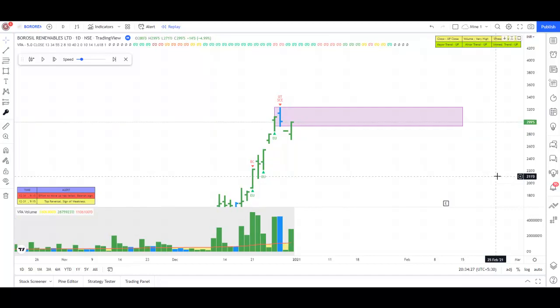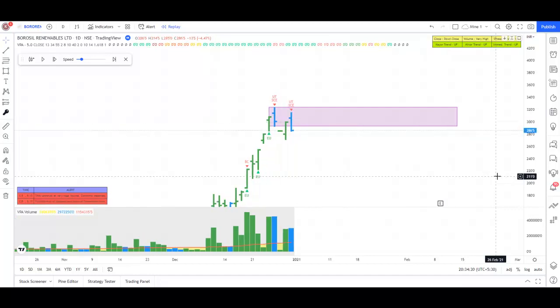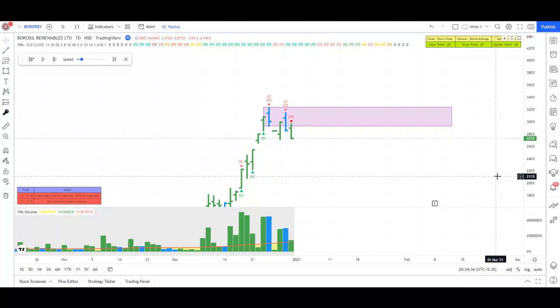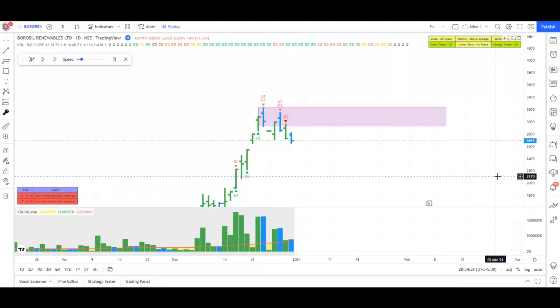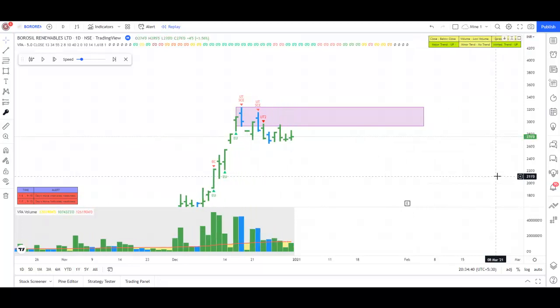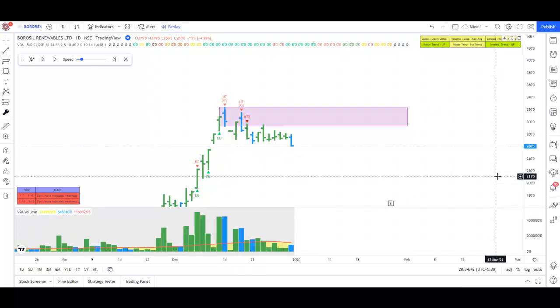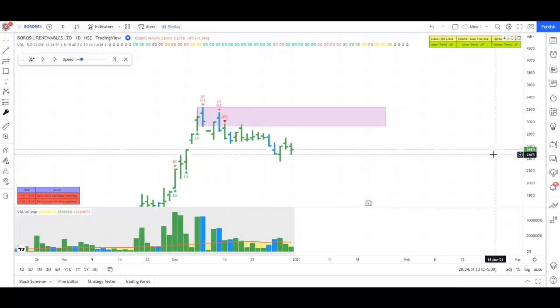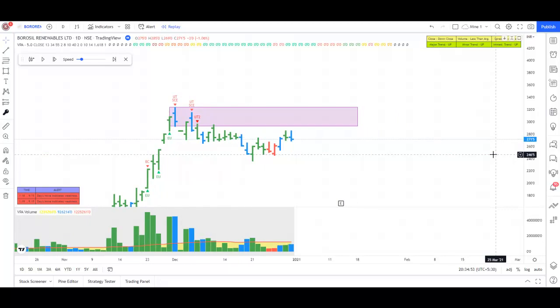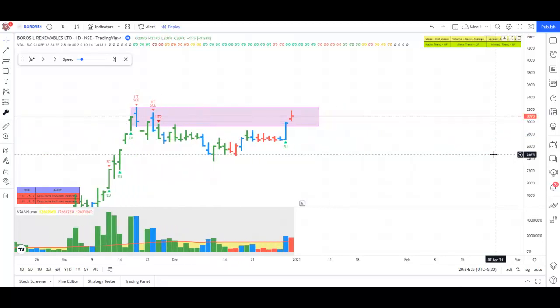Then we had another upthrust bar and a third upthrust bar. But as you can see, the prices were moving more sideways rather than down.